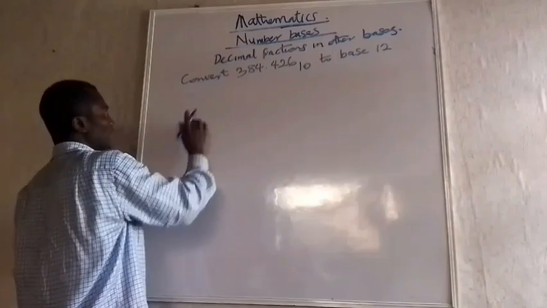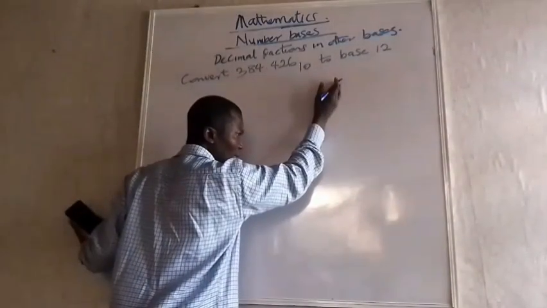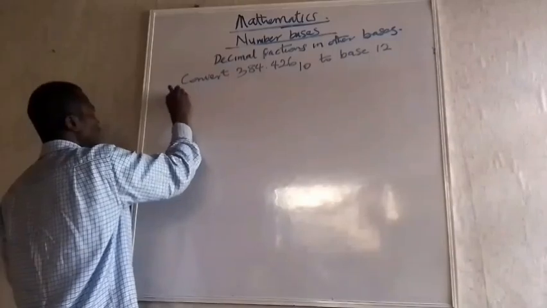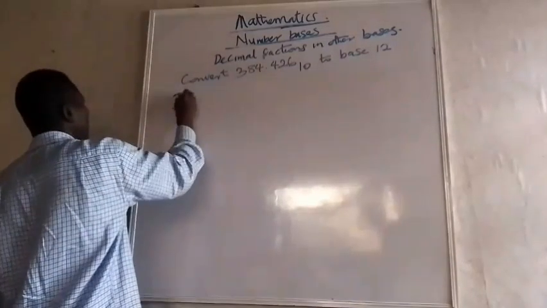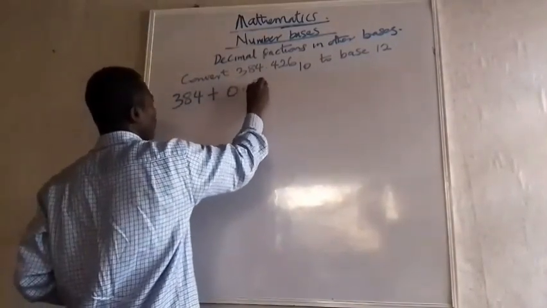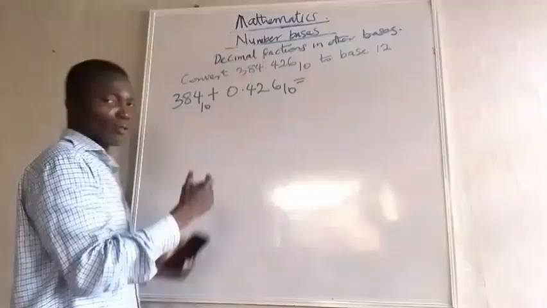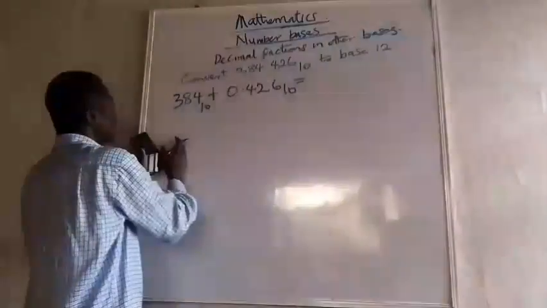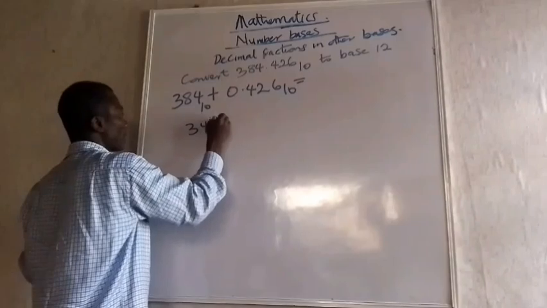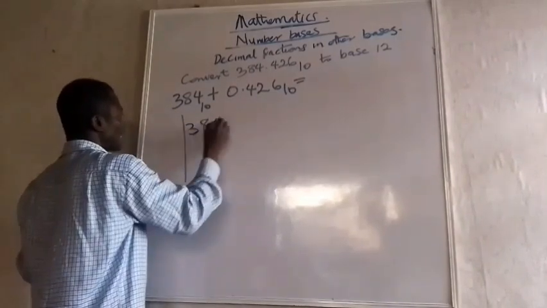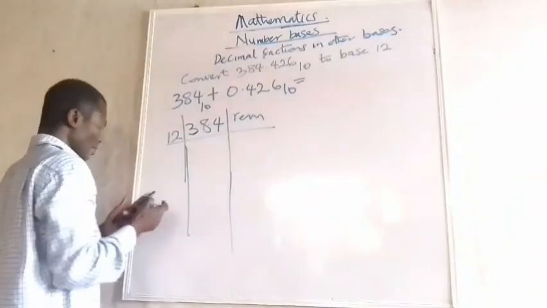Now let's see what we are going to do. This is a combination of two patterns: one whole number, the other fraction. So for the whole number, dividing by 12, 28, I have 3.